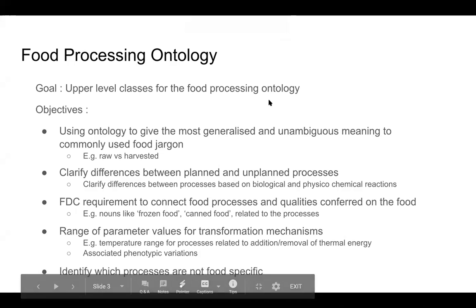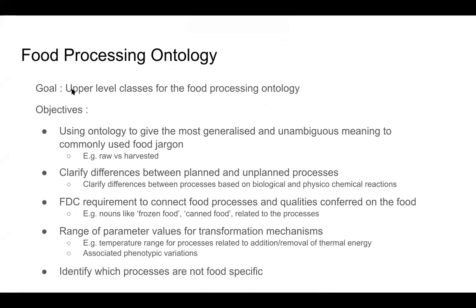So the goal, as Damien said, was to discuss the upper level classes for the food processing ontology. And these objectives are actually some of the considerations that we had before deciding what these upper level classes are.